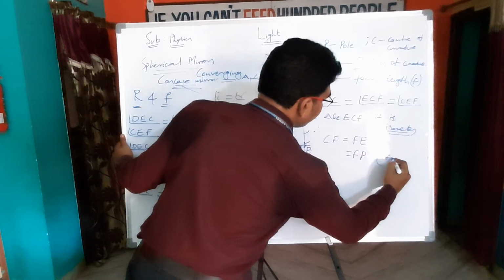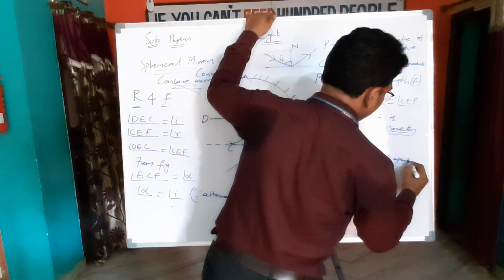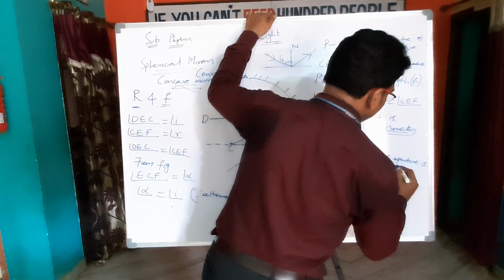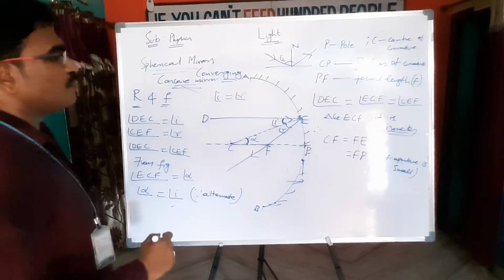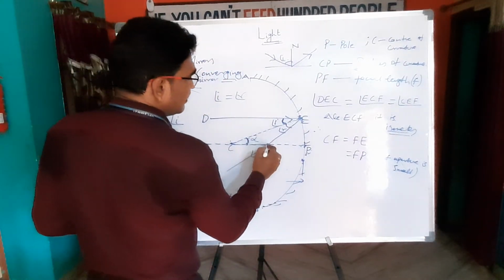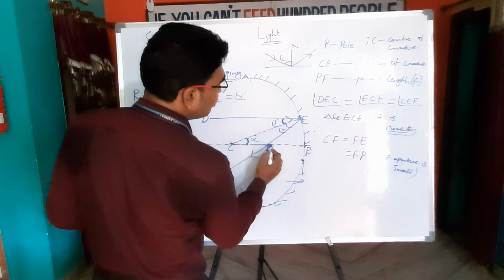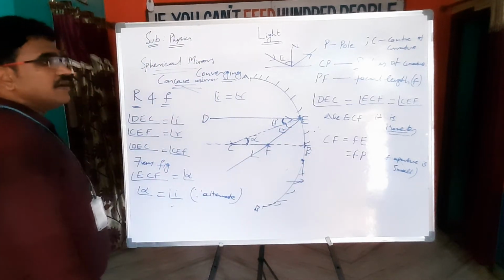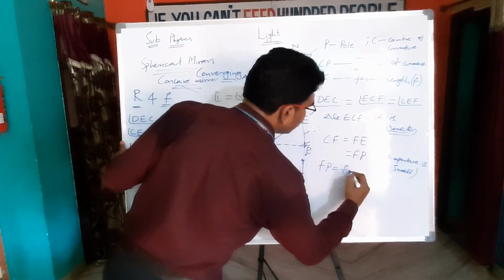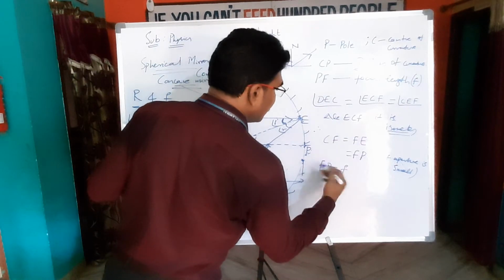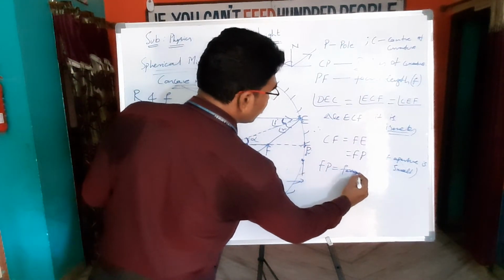Condition: if aperture is small, then FE is going to become FP, very simple. But already we know FP is nothing but focal length, or PF, whatever it may be, that is going to be focal length.